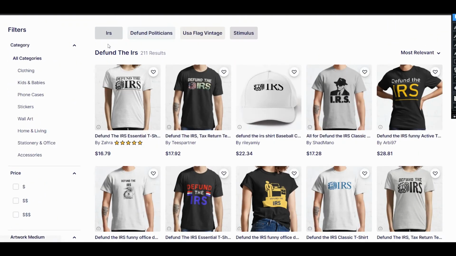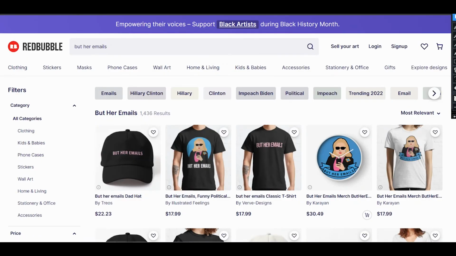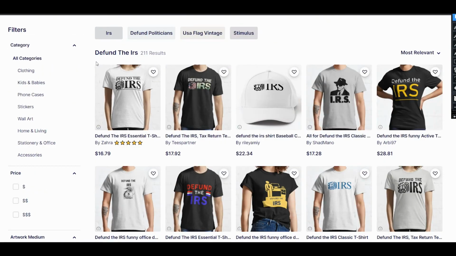Here is also the same situation as with the "but her emails" design, because you can use some elements that are connected with the US. It is some stars, silhouettes of the US, of America, or some white, red and blue colors.